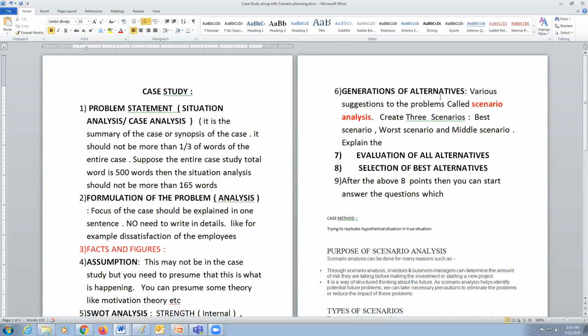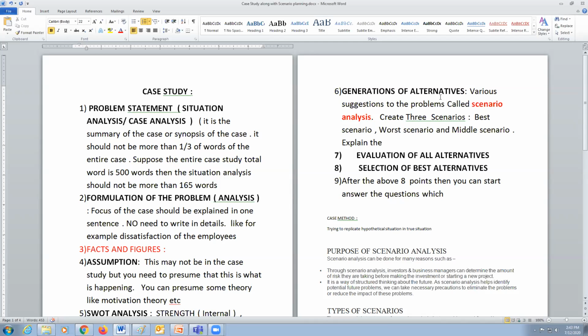Then you have predicted the scenario because the route which you are taking to go to Bangkok has a lot of turbulence. So in that turbulence, what kind of route you will be taking, that's the scenario analysis.